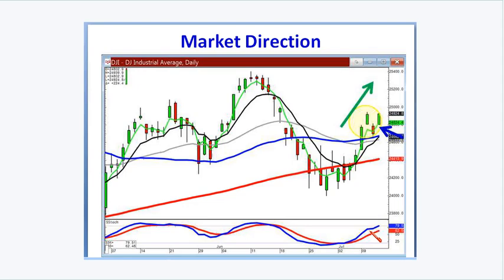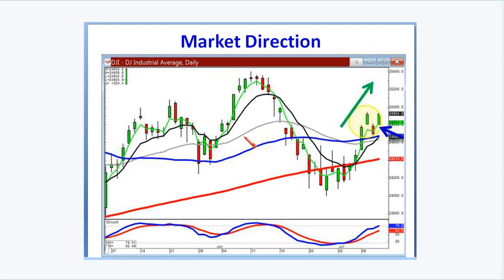Same analysis with any other technique that you know people are using, whether it's Fibonacci retracement numbers or a trend line, anything that we can identify that a lot of other investors use. The advantage we have with candlestick signals is we can see exactly what the investor sentiment is at those levels.